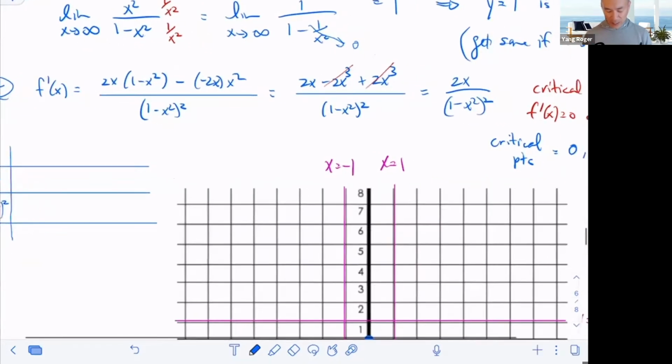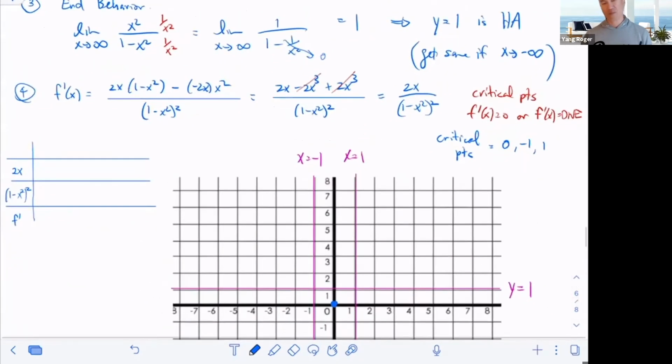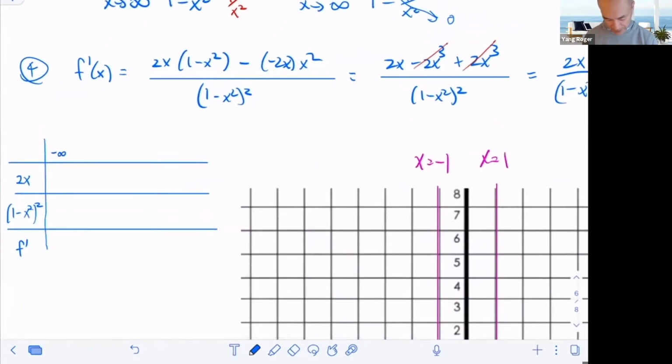Now I want to take these critical values and break my domain up into different sections, just like I did in the other way. I'm going to go from negative infinity to negative 1, from negative 1 to 0, from 0 to 1, and then from 1 to positive infinity.